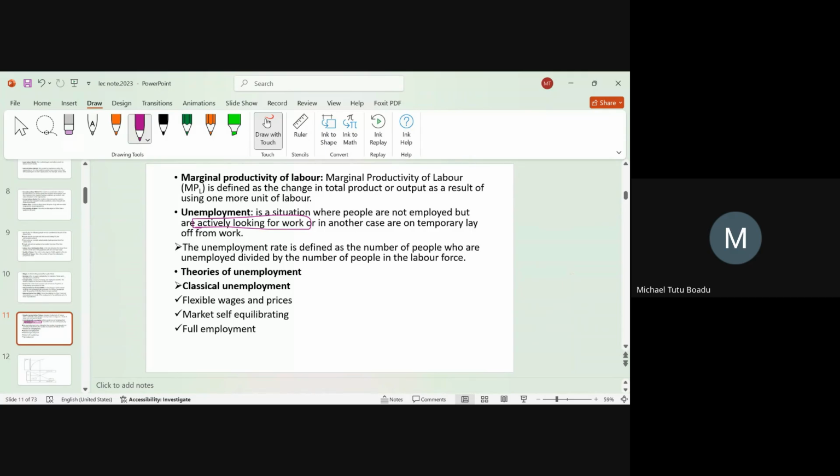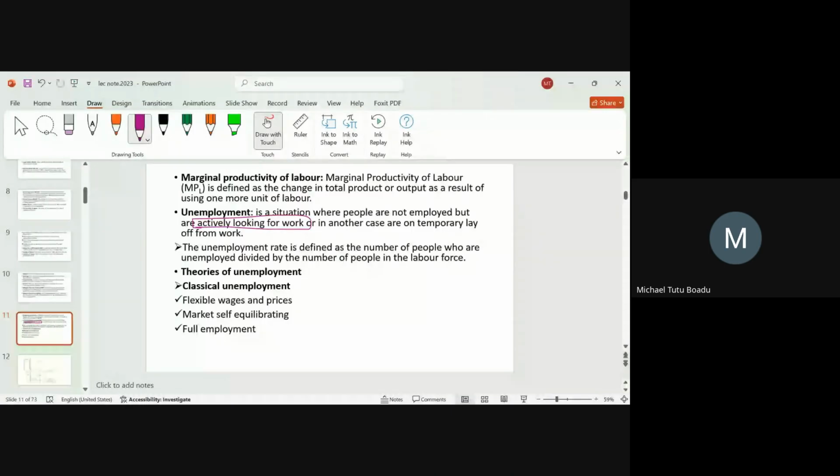You should be of age, and you should be actively looking for it. So when a survey is being conducted regarding unemployment, they'll ask you, in the last 2 weeks, have you been engaged in any active economic activity, even casual work or temporary, whatever? Once your response is yes, then it means you are employed within the period the data is being collected.